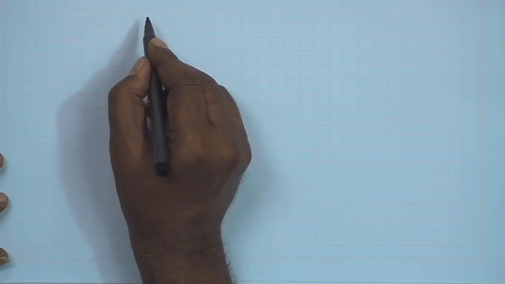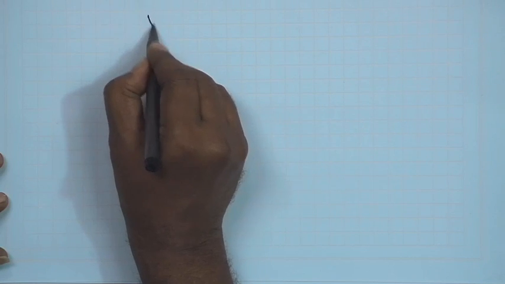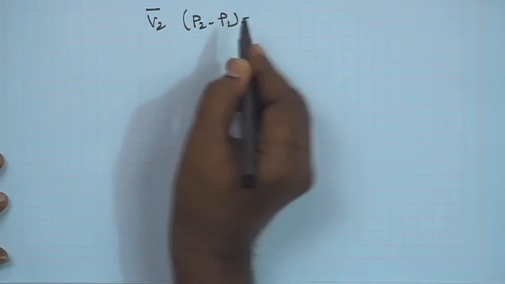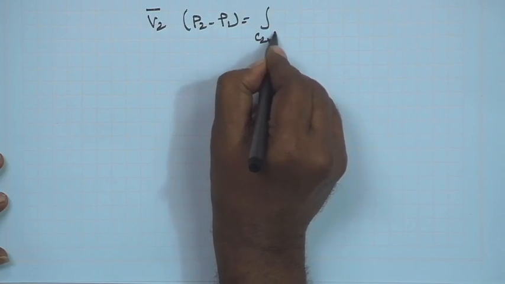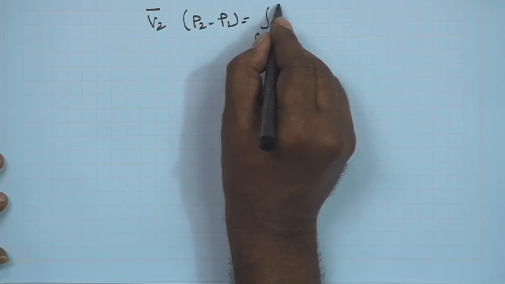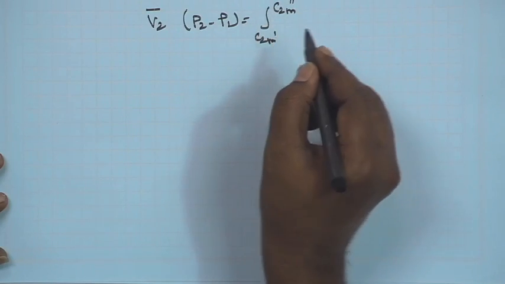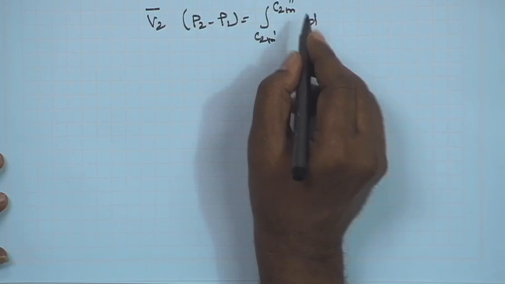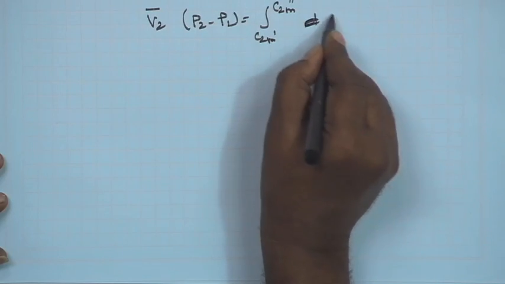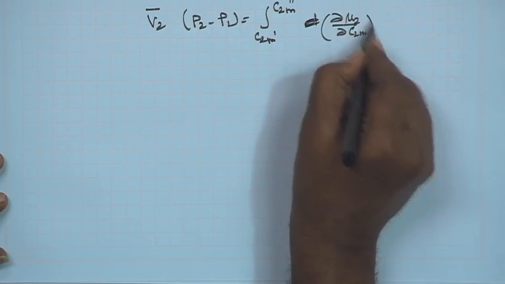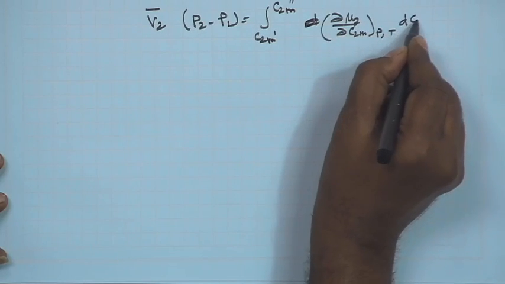So, once we do that, we can integrate from the definition of the molar volume: V_2 bar multiplied by P_2 minus P_1 is equal to the integral from C_2m prime to C_2m double prime of del mu_2 del C_2m at constant pressure and temperature times dC_2m.